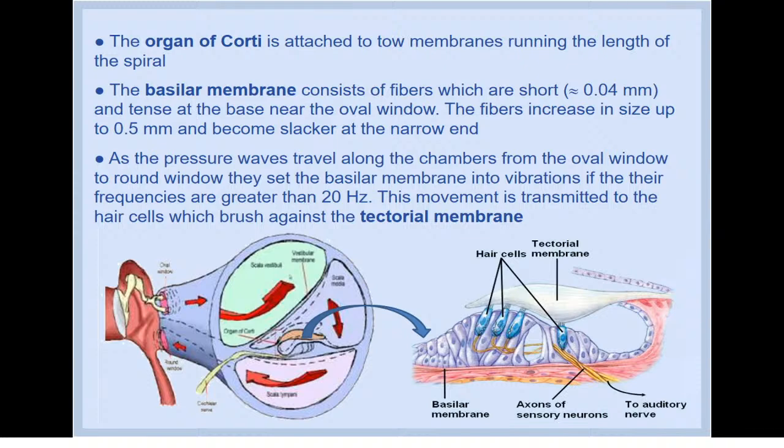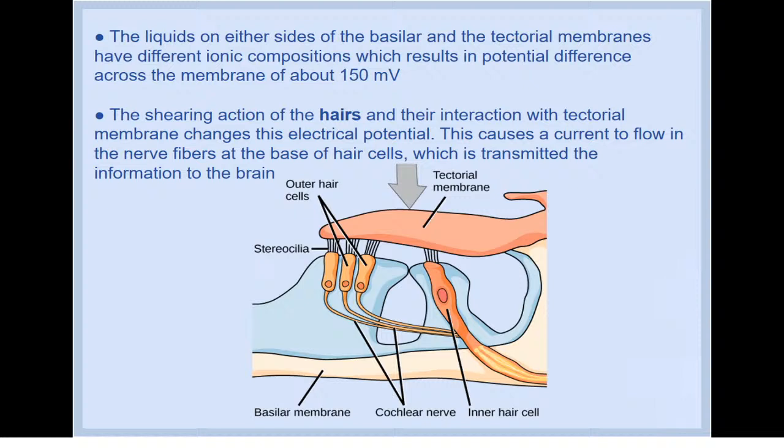This movement is transmitted to hair cells, which brush against the tectorial membrane. The liquids on either side of these membranes, the perilymph and endolymph, have different ionic compositions, which results in a potential difference across the membrane of about 150 millivolts.